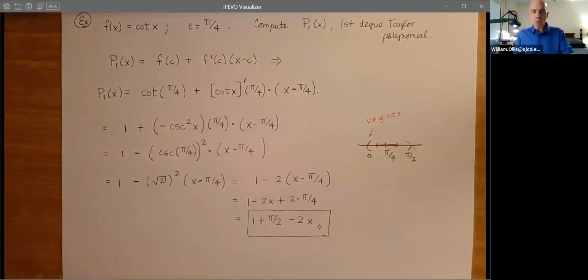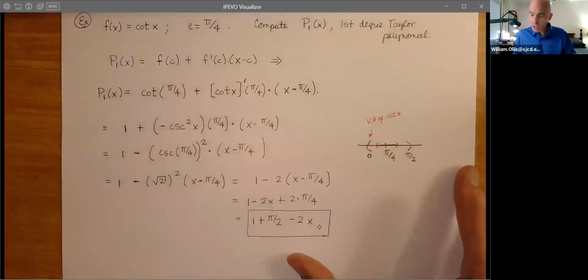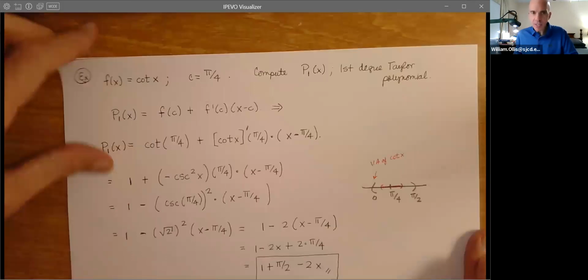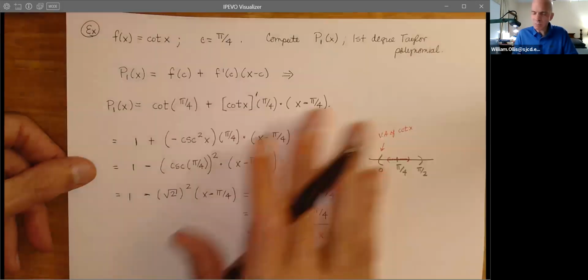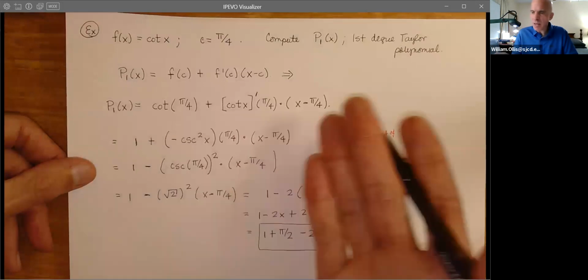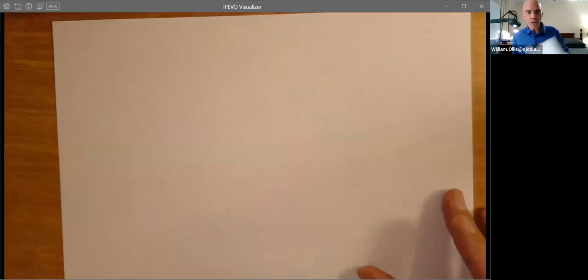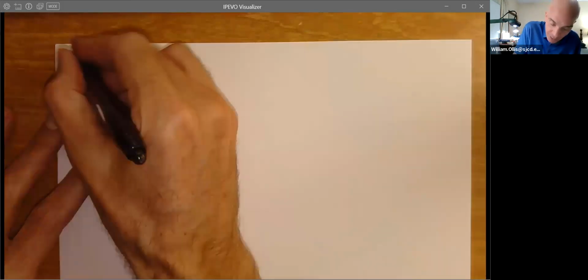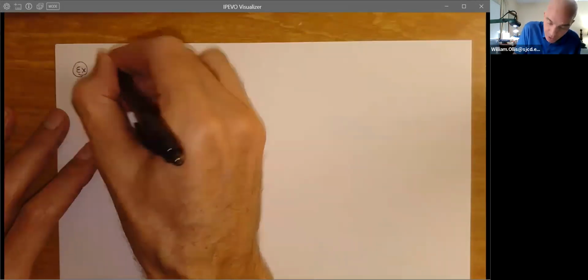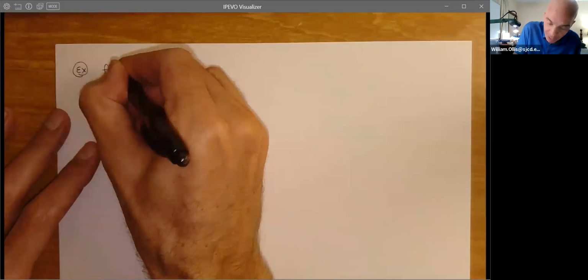Now, one thing that I want to do kind of quickly here, just to finish up, let's just look at a nice simple one. So here's one that the derivatives aren't very friendly, just got to work them out. Not a lot of pattern here. Say we just wanted to do a Maclaurin polynomial of degree 3. So here's a quick example. So we're going to say our friend sine x.